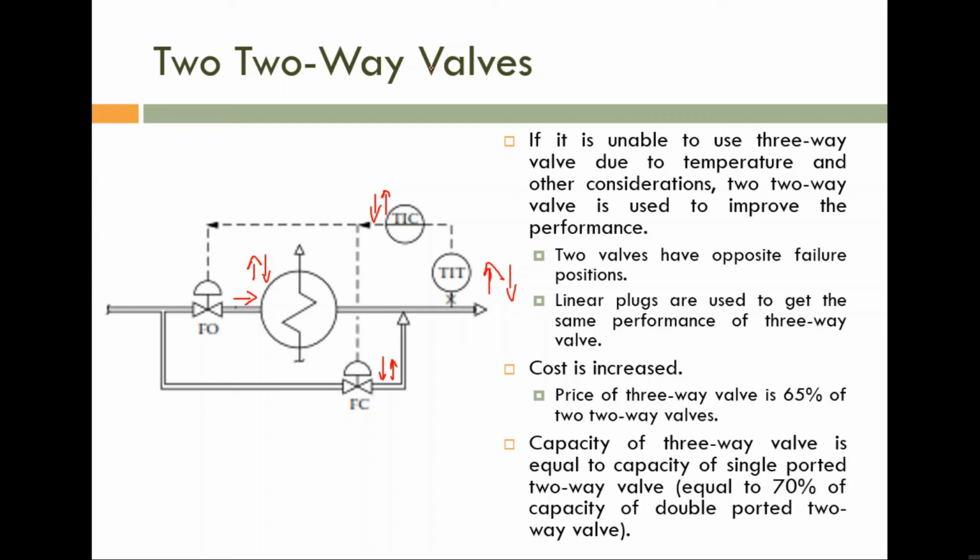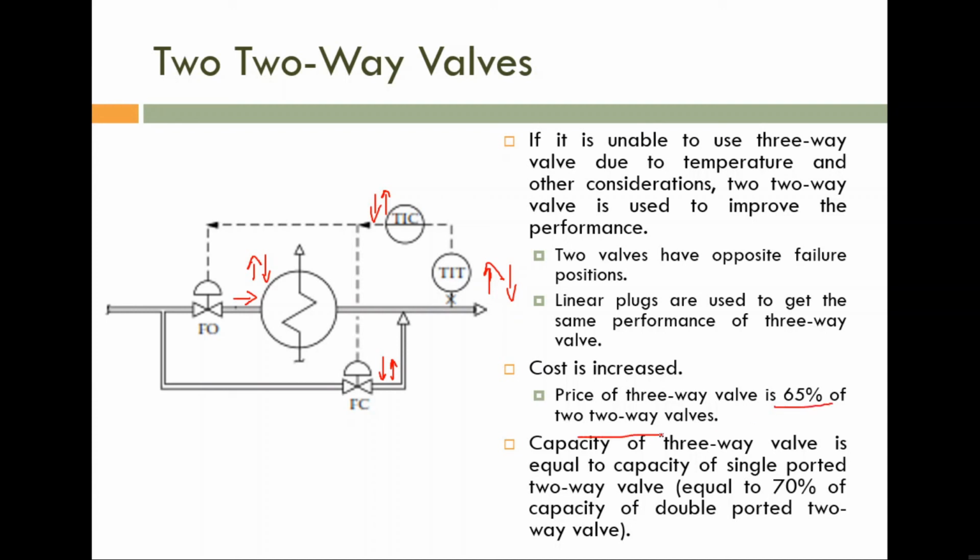Okay, so this one is a two-way valve arrangement, but please note, we use two-way valves if we are unable to use a single three-way valve. Normally, if you are using two-way valves, the cost will increase. Normally, the price of a three-way valve is 65% of two two-way valves.